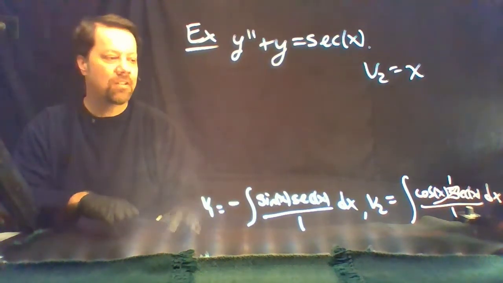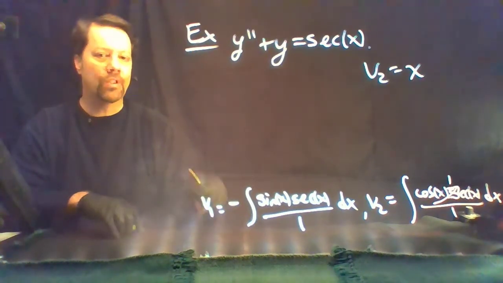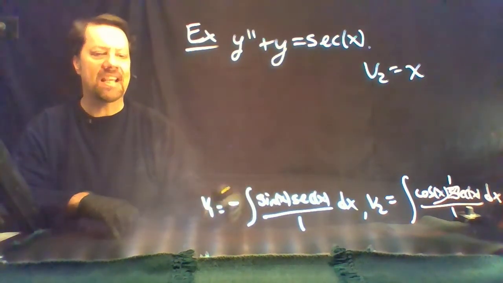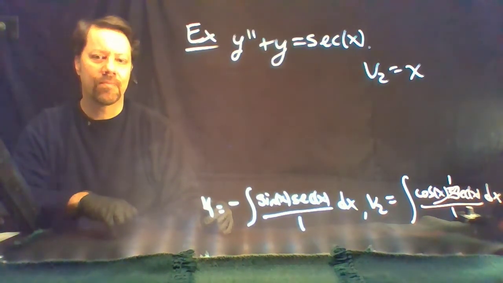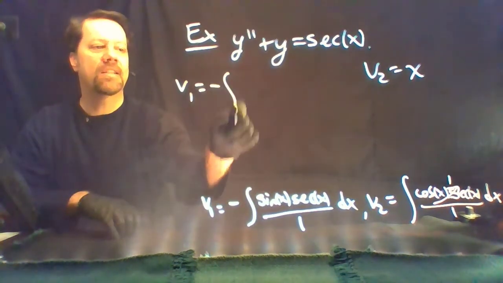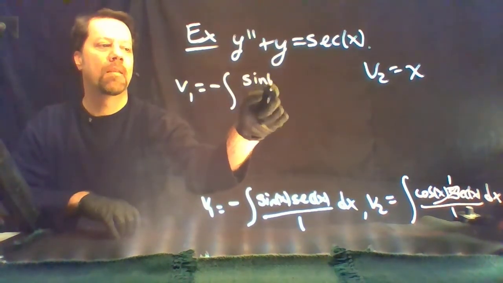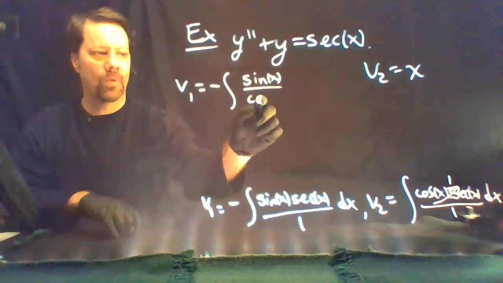Note that for these coefficients, v1 and v2, we're going to ignore the plus c's. Those will only contribute to the homogeneous solutions. For v1, on the other hand, we have minus the integral of sine x, and I'm going to convert secant into 1 over cosine.